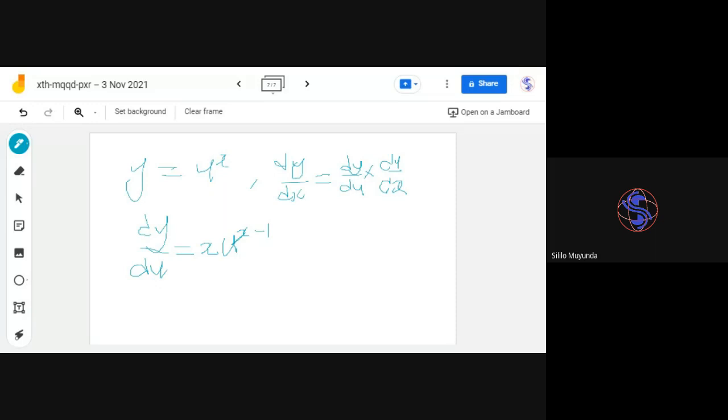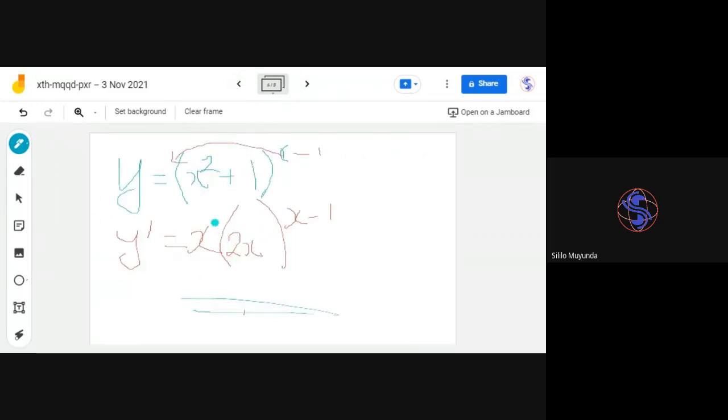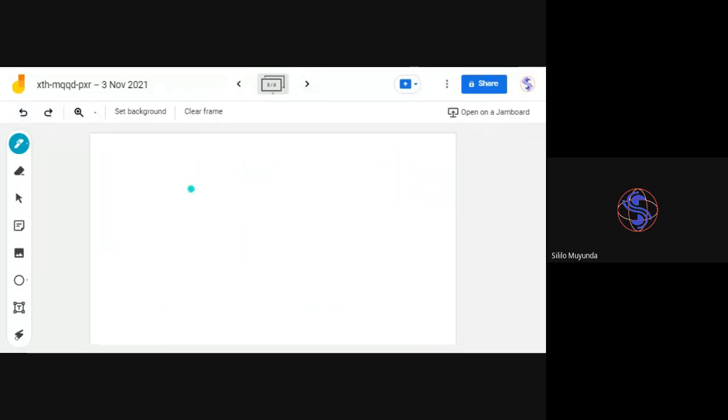Now we need to find du/dx. So let's first write what we should have written already: the statement where we should have said let u be equal to what is in the brackets. So u is equal to x squared plus 1, right?